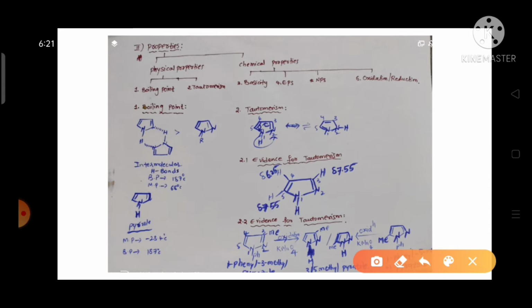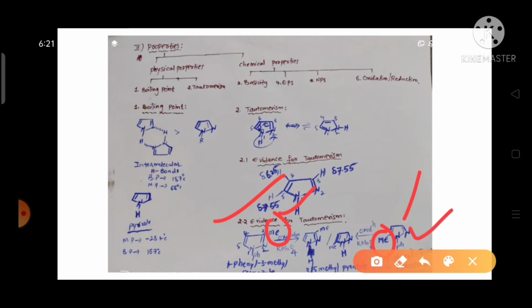And here we have one more evidence for the tautomerism from the chemical reactions. Look here, 1-phenyl 3-methyl pyrazole is oxidized. In the similar way, 1-phenyl 5-methyl pyrazole, this is the 5-methyl and this is the 3-methyl.